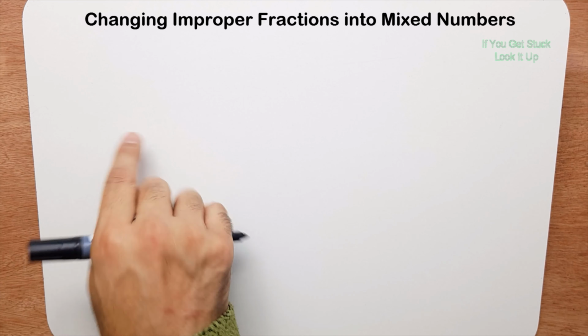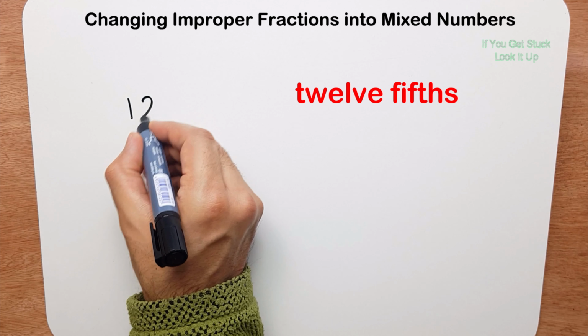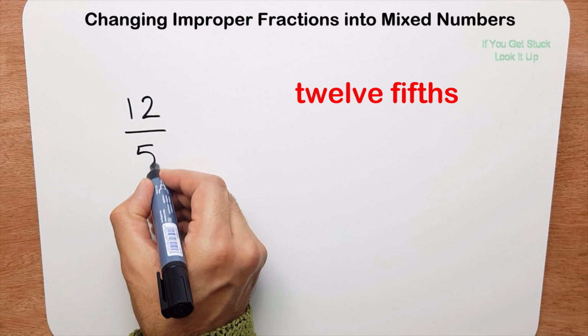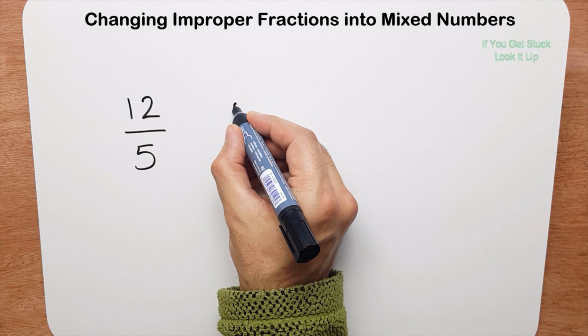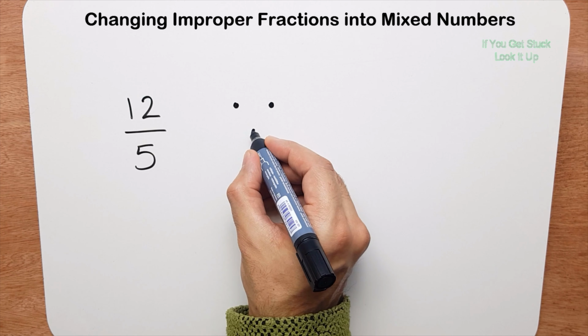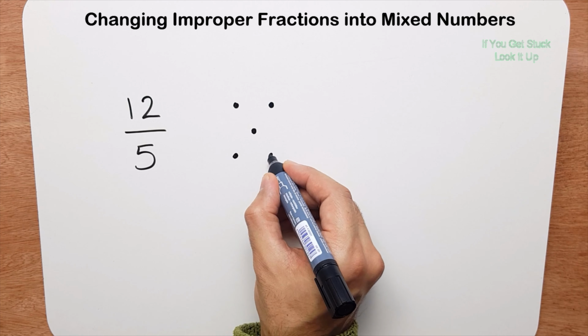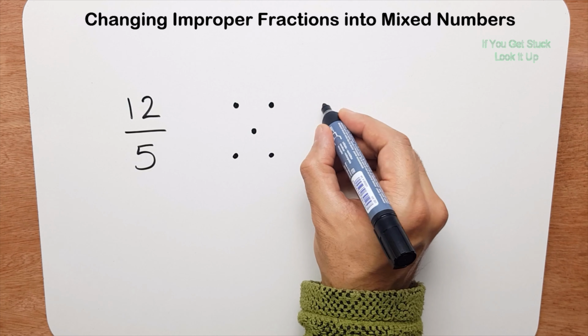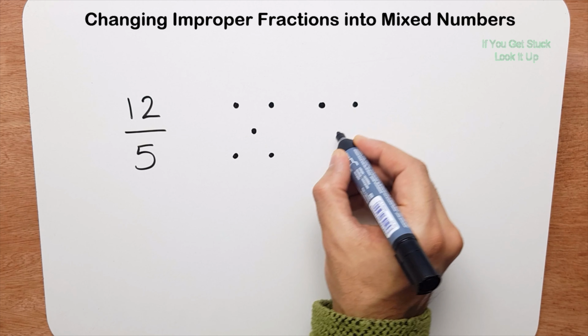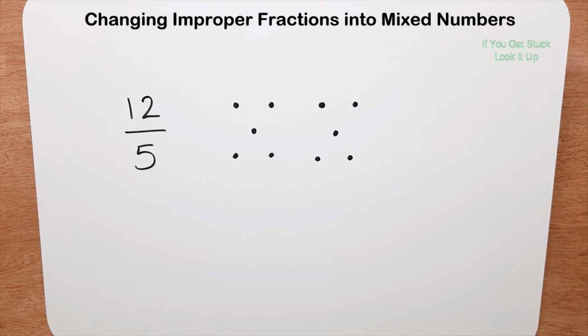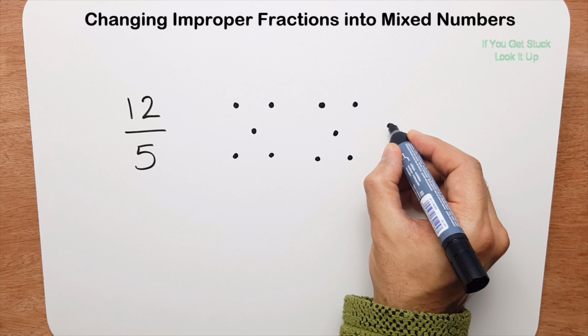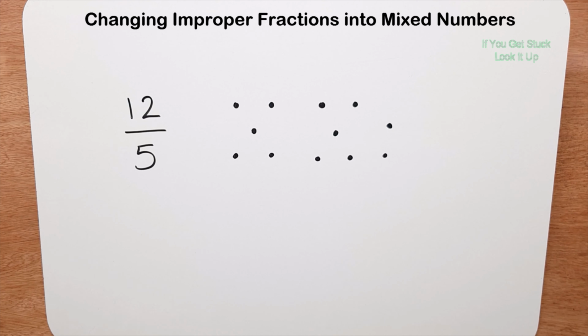My last example is 12/5. The numerator is 12, so I need 12 pieces. 1, 2, 3, 4, 5, 6, 7, 8, 9, 10, 11, 12.